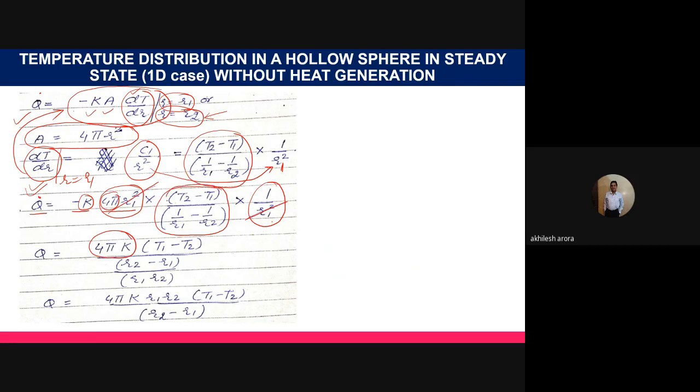T2 minus T1 is written as T1 minus T2 because the minus sign has been absorbed here in this particular equation.